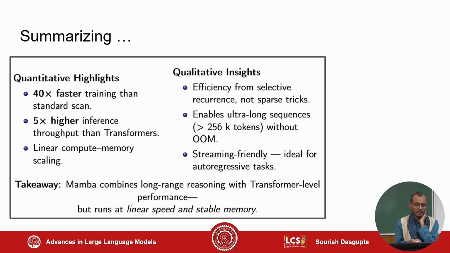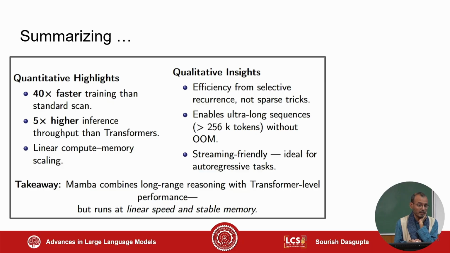The qualitative insight being that it's efficient from selective recurrence, not sparse. You don't need sparse tricks, unlike linear time transformers or other kinds of sparse attention. It enables ultra long sequences, more than 256,000 tokens, without out of memory issues.